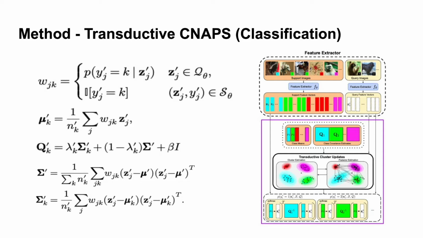If you remember from the earlier talk on Simple CNAPS, we mean pooled those examples and also produced closed form covariance estimates for each class using the examples that belong to that class. Well, now we have a whole bunch of unlabeled examples. And the core idea here is that for those unlabeled examples, we could use the class probabilities produced by the model itself as soft labels when performing both the mean pooling for the class means and the covariance calculation for the covariance estimates.